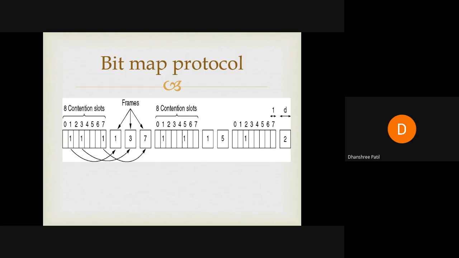So first frame number 1 will get sent, then frame number 3, and then frame number 7. So 3 frames will get sent. In this way, every transmission of the frame gets carried out.